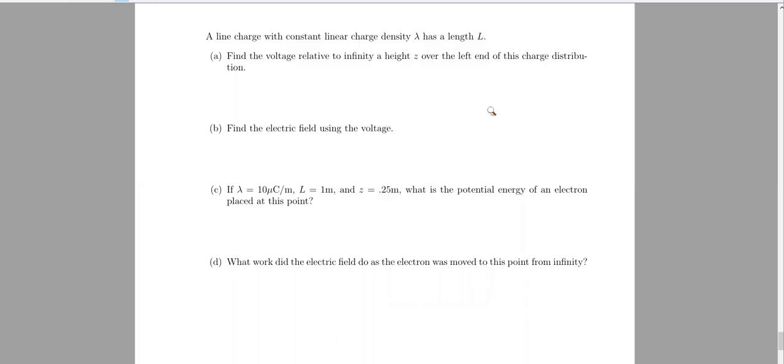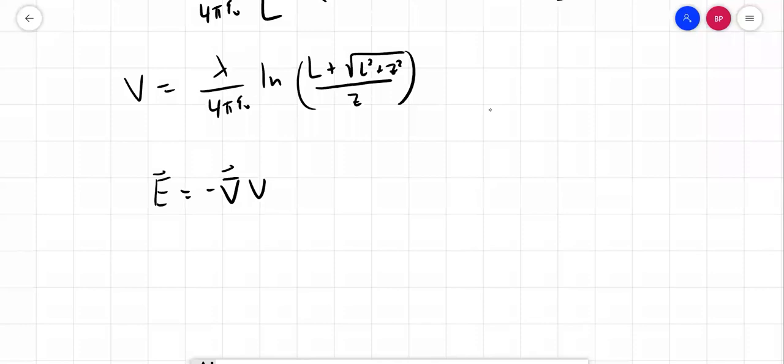It says if lambda is 10 microcoulombs per meter, the length of our line here is 1 meter and z is 0.25 meters, then what is the potential energy of an electron placed at this point? Okay, well, we have this expression for our voltage here. So we just plug in everything for lambda, for L, and for z.